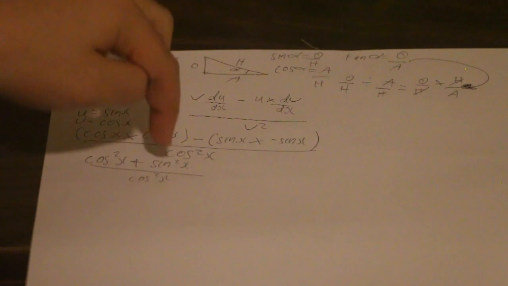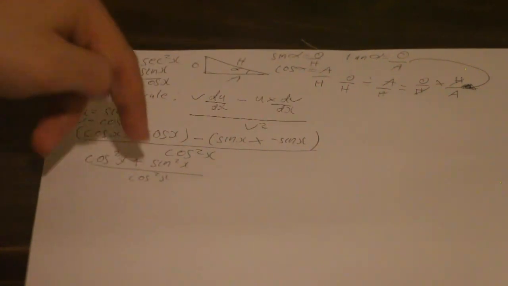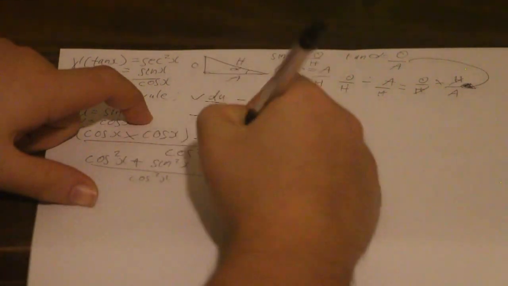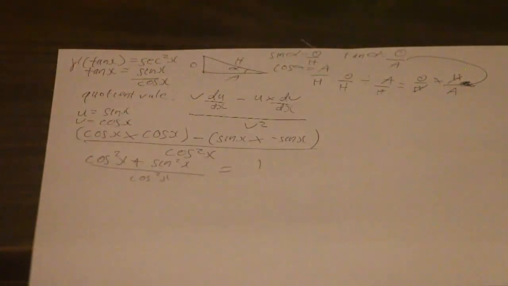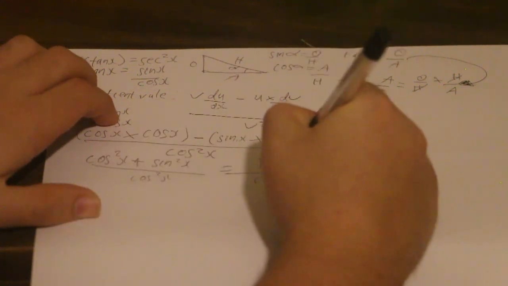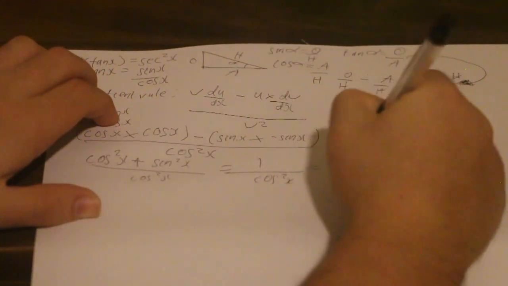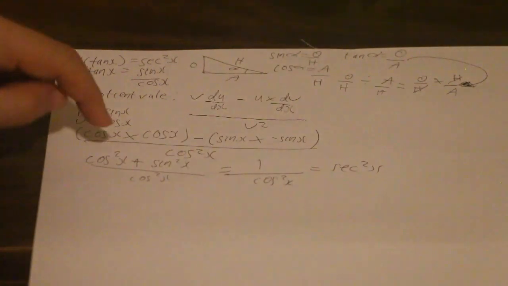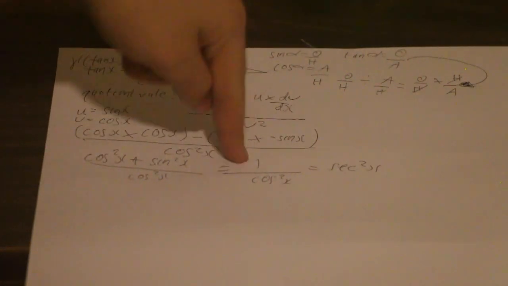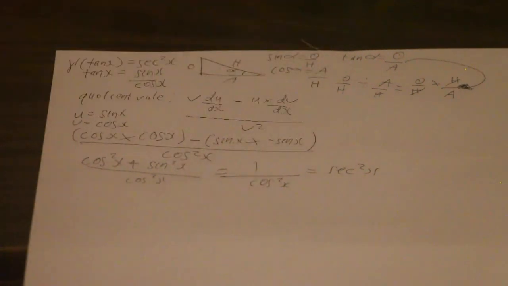So cos squared x plus sine squared x is 1. Cos squared x plus sine squared x is equal to 1 due to the trig identity, and 1 over cos squared x is equal to sec squared x. So to recap, sine squared x plus cos squared x is 1. 1 over cos squared x is sec squared x.